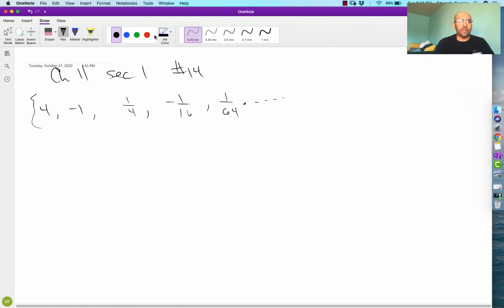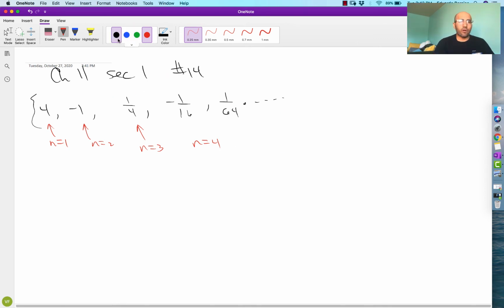Okay, my goal is to find some function such that when n equals 1, the output is 4, and when n equals 2, the output is -1, and when n equals 3, the output is 1/4, and when n equals 4, the output is -1/16.